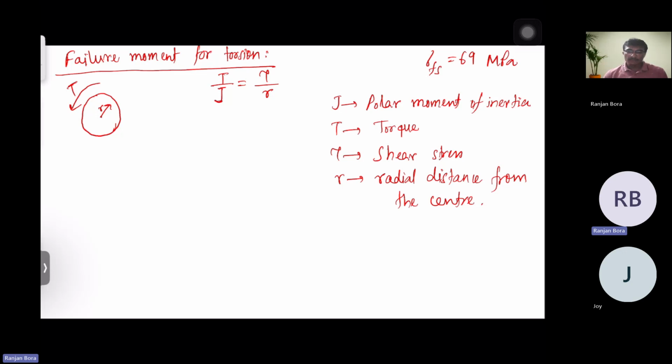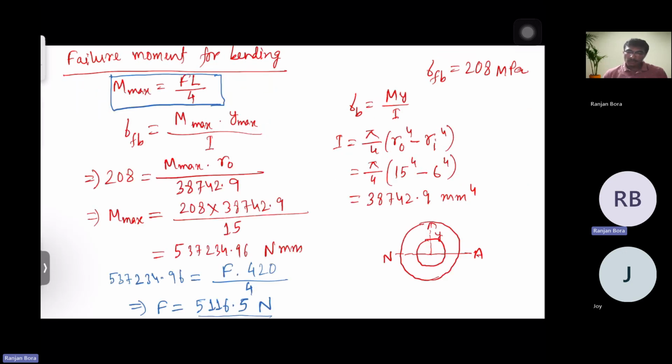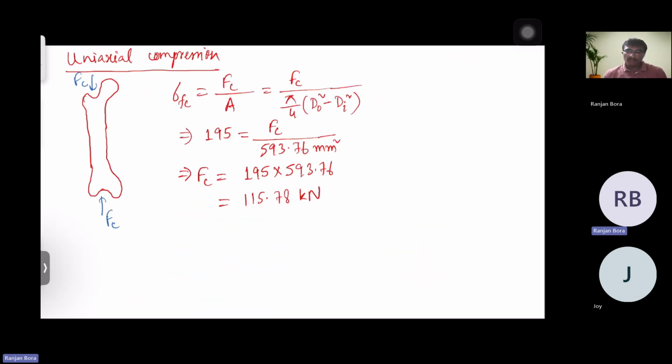From this equation, shear stress tau is equal to T multiplied by R divided by J. In the given question, the cross section is annular type.